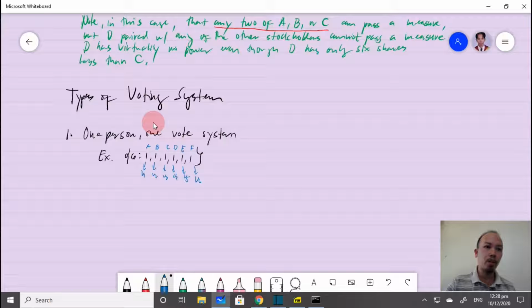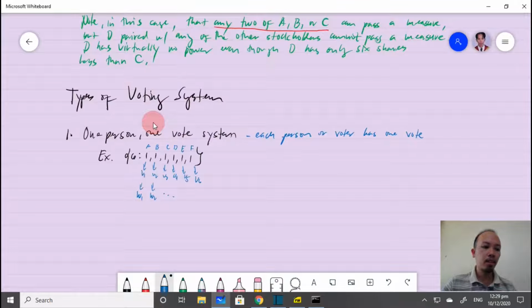The weight of voter W1 is 1. For W2 we have 1, and so on and so forth. So in here it says that each person or voter has one vote.